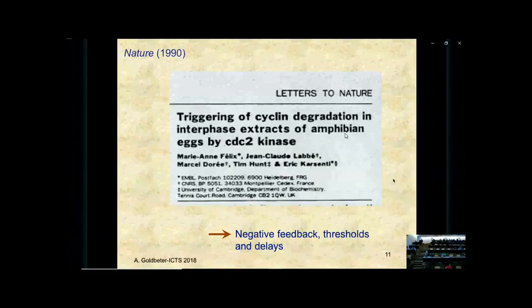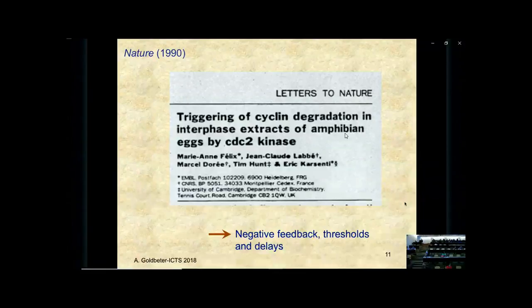it triggers cyclin degradation. So this is a sort of negative feedback, because cyclin is needed to activate CDC2 kinase, and once CDC2 kinase is activated, it destroys cyclin. So this is negative autoregulation.